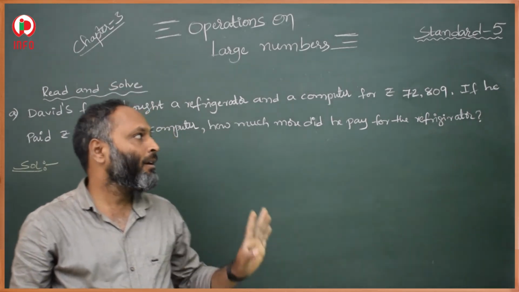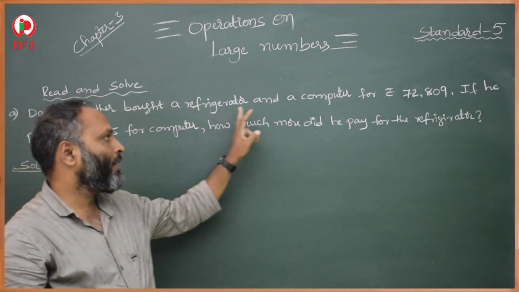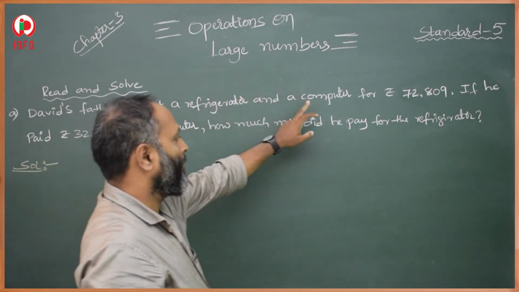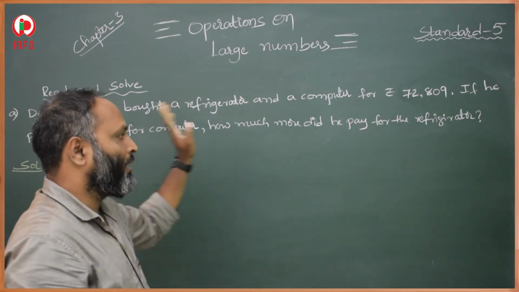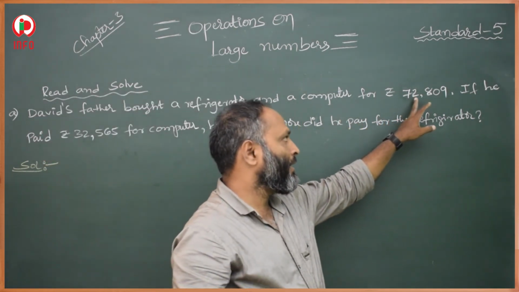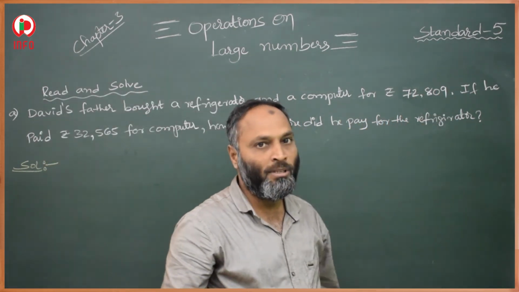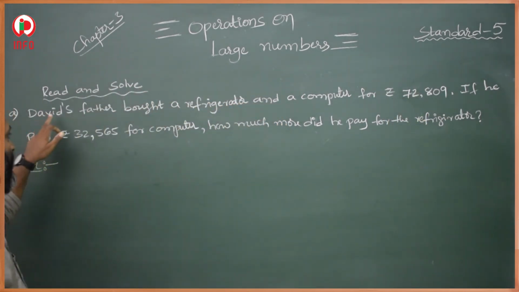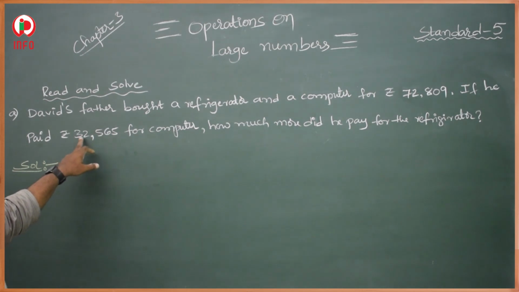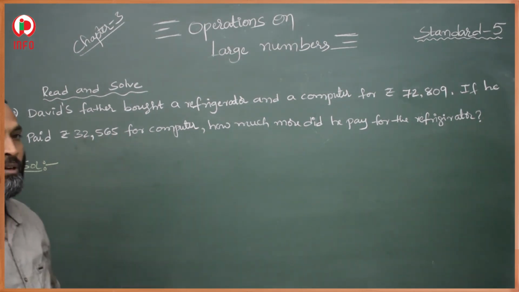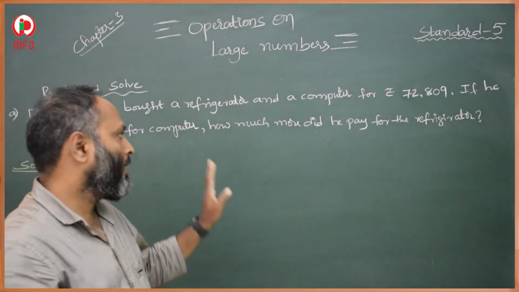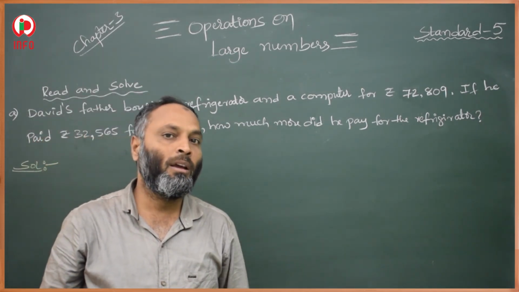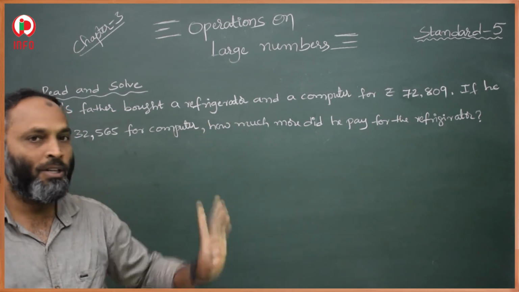Here the cost of the refrigerator and computer is given. For both the refrigerator and computer, he has to pay 72,809 rupees. Out of this amount, David's father pays 32,565. Then how much more amount does he have to pay for the refrigerator?